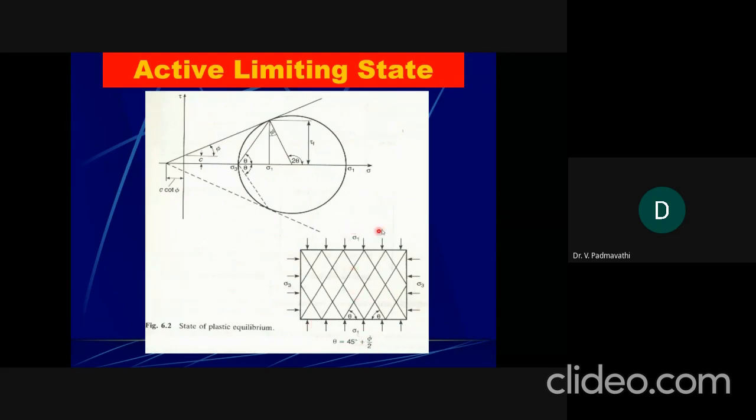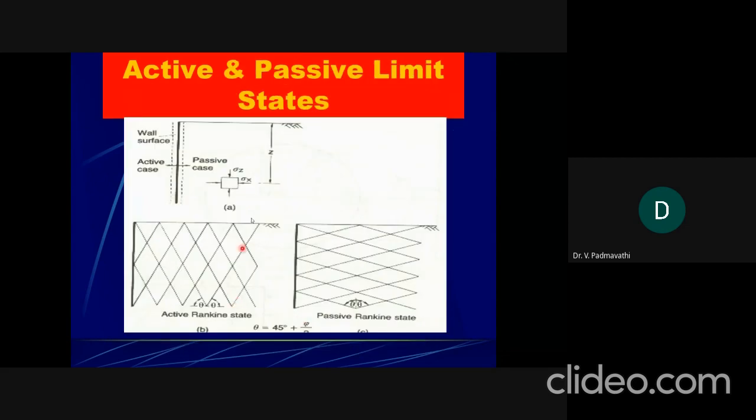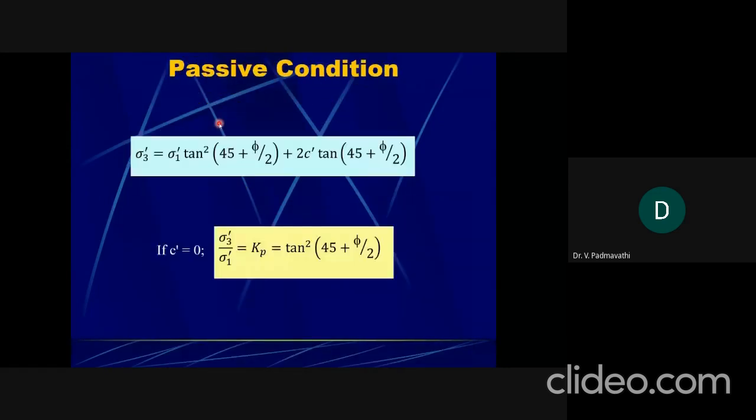Sigma 1 you can expect from the top, and sigma 3 in the horizontal direction. So here you can see sigma z is sigma 1 and sigma x is sigma 3. Once you have these concepts, the failure may take place from the bottom of the retaining wall to the top of the ground level, whatever I have shown in the previous case.